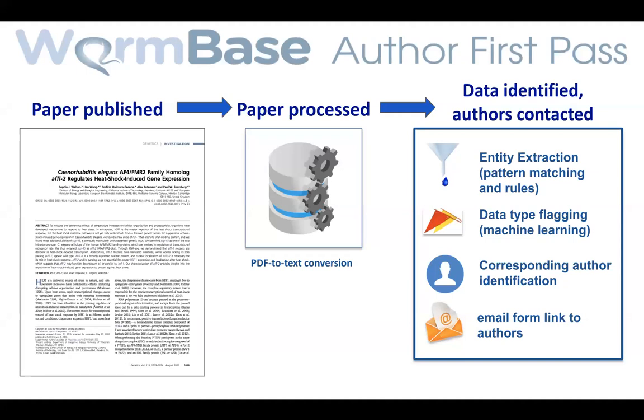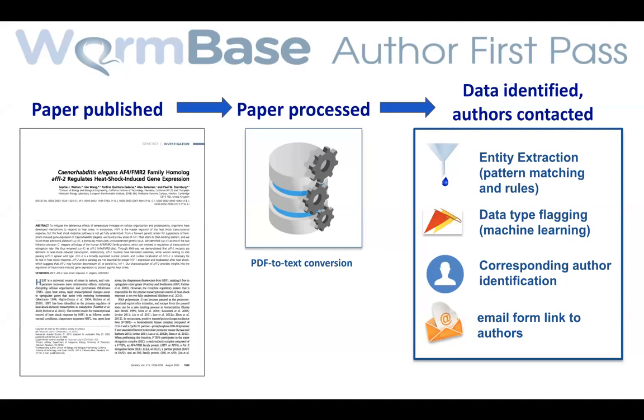We then manually download a copy of the paper, usually a PDF. That paper gets processed in a PDF to text conversion. And then we use our pattern matching and machine learning applications to look for the kinds of entities that you've described in your paper and the kind of data types or experiments that you've done.